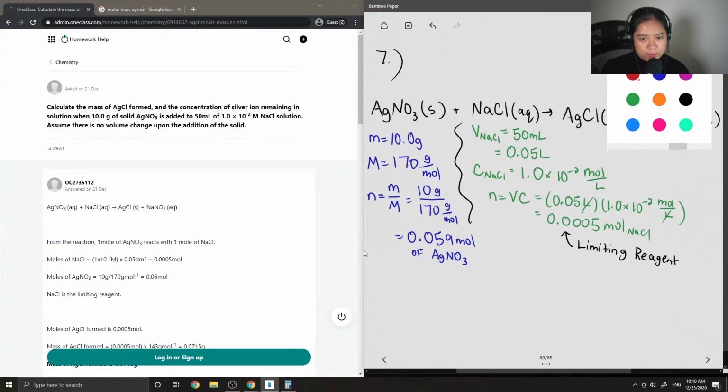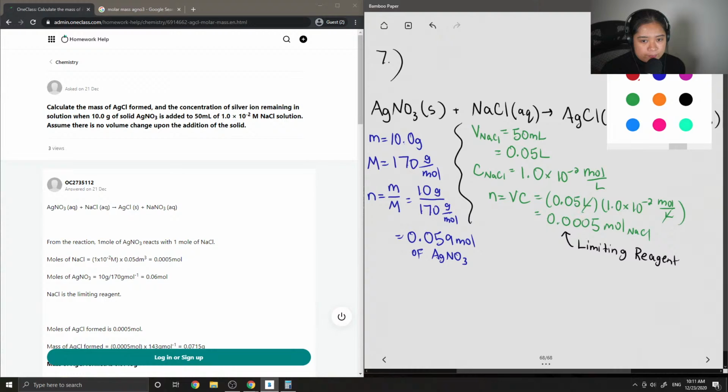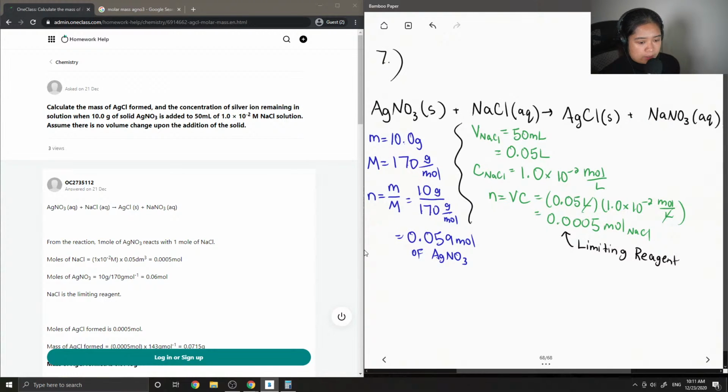So that's why it's important to try and figure out what our limiting reagent is. Okay, so let's look at the question, concentration of silver ion remaining in solution. So we need to find the concentration of silver in solution. I'm just going to write that here.